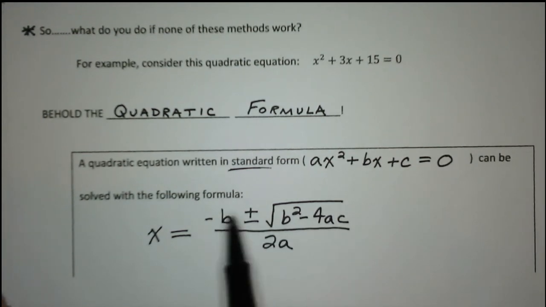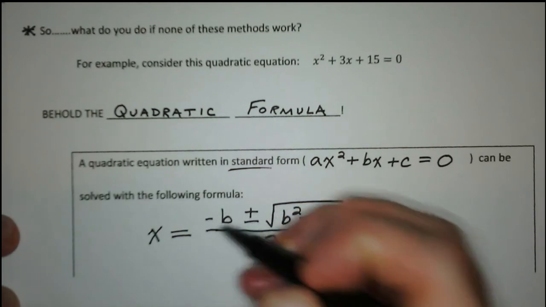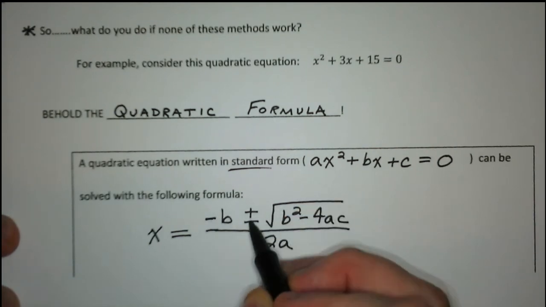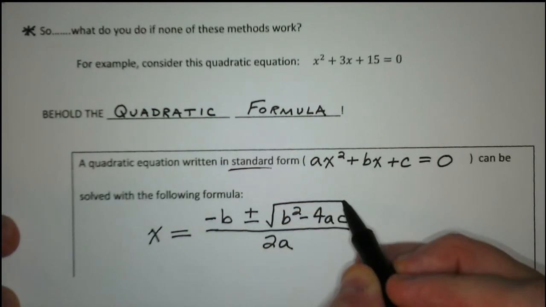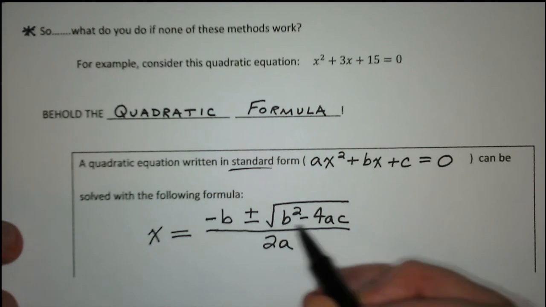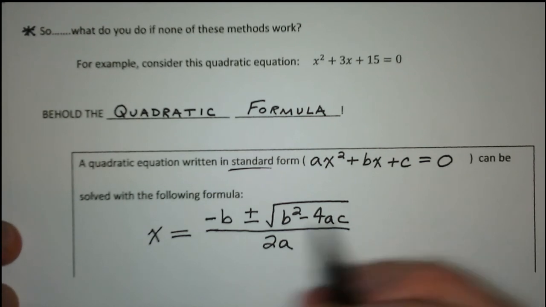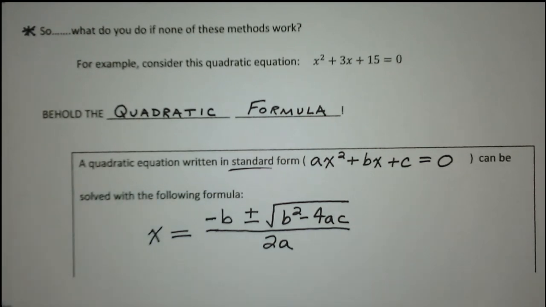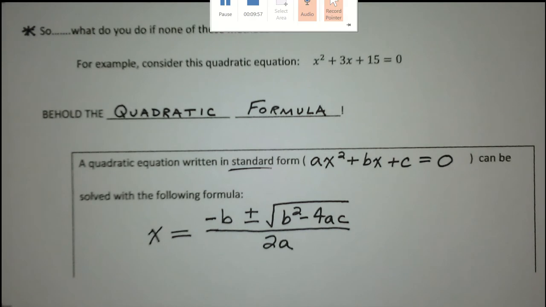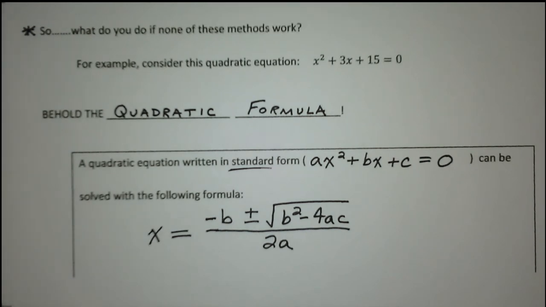Negative b plus or minus the square root of b squared minus 4ac, all over 2a. I told you, it's not the nicest, prettiest looking formula. I mean, I think it's pretty, but it is a formula.